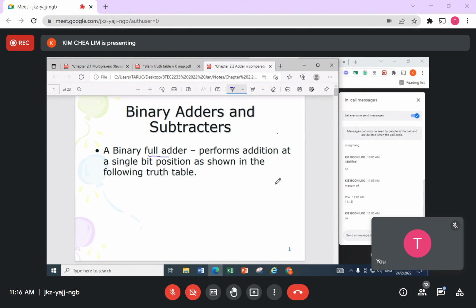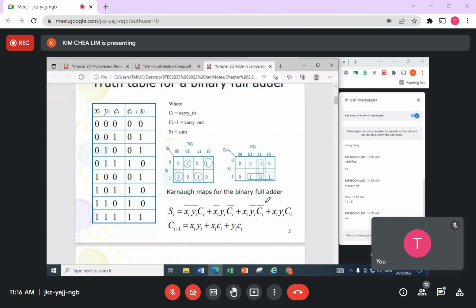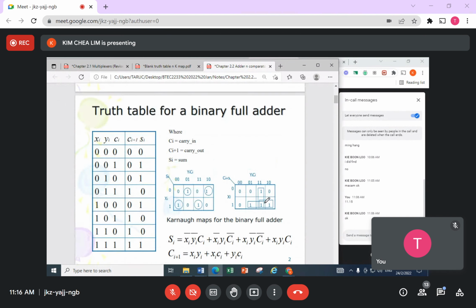So they are performing additions at a single bit position. And in the truth table here, I have my full adder. This CI here stands for my carry in. X and Y are the 2 bits that I want to add up.